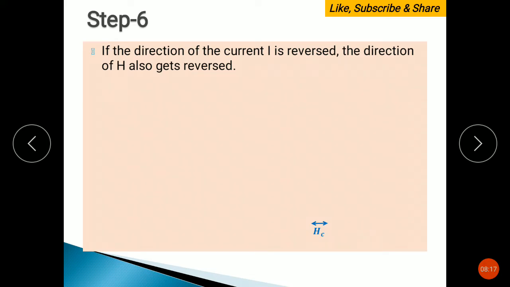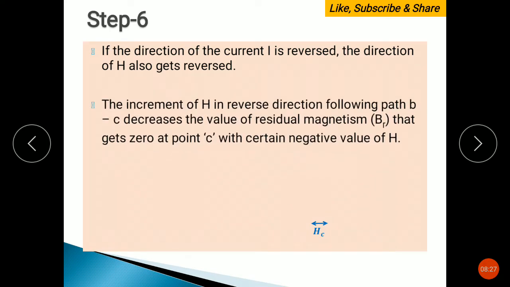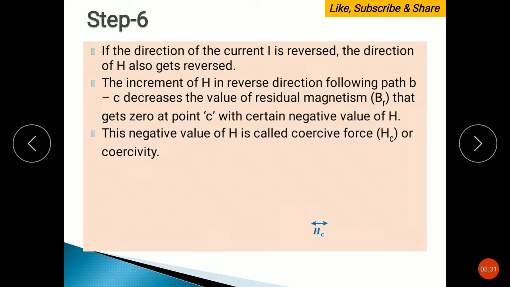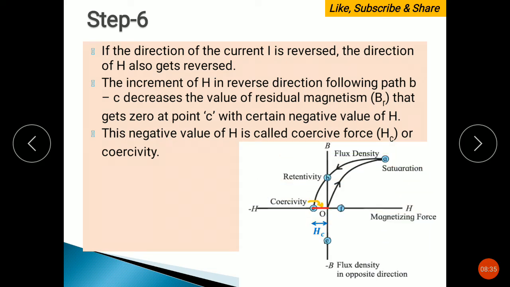To make that residual magnetic field 0, we have to reverse the current so that the external magnetic field direction is reversed. And when the external magnetic field direction is reversed, the residual magnetic flux density of the material becomes 0.